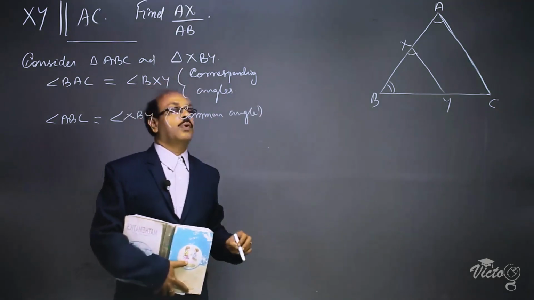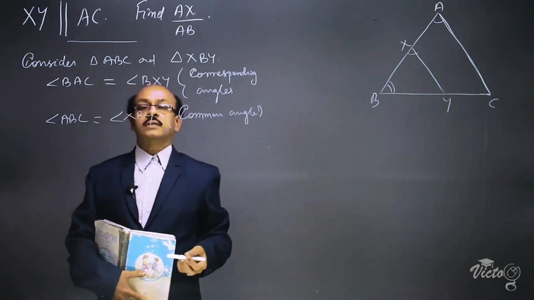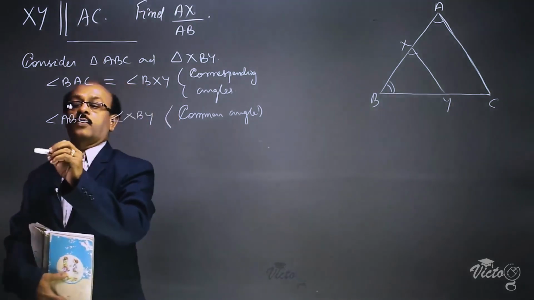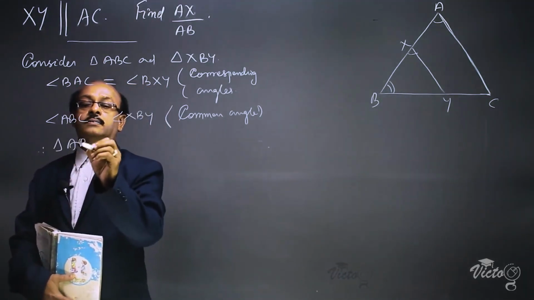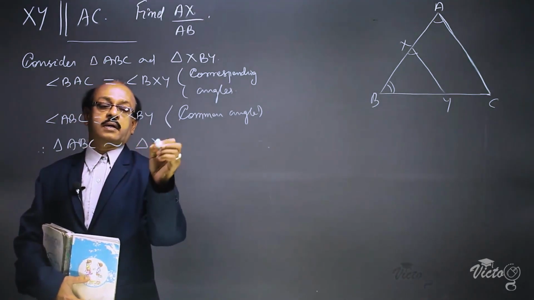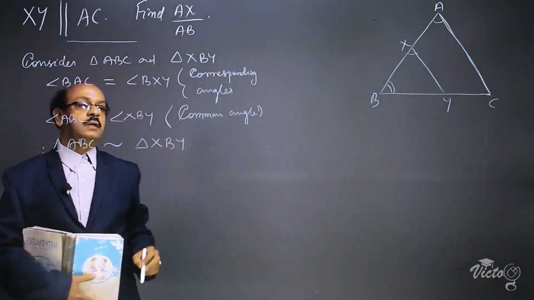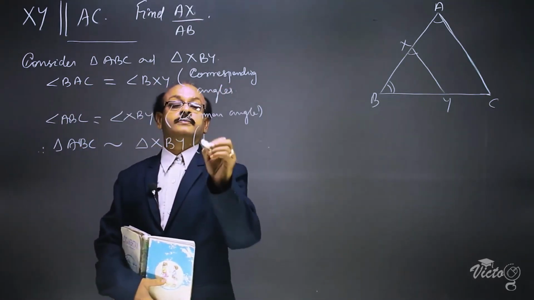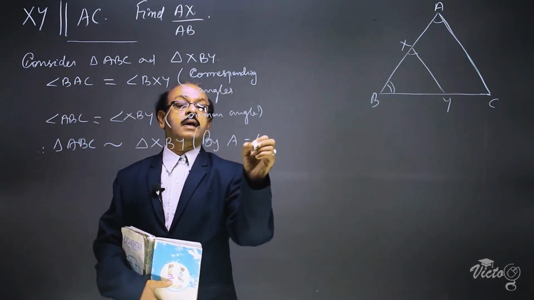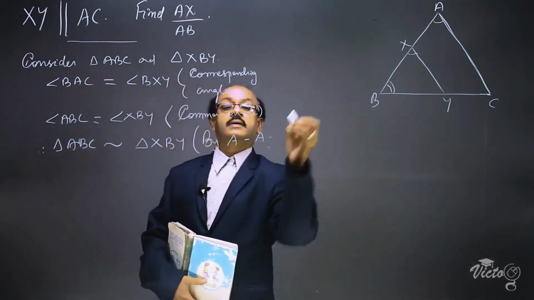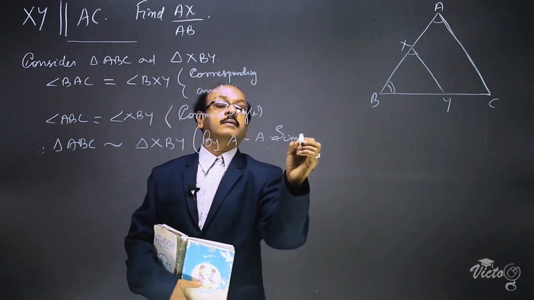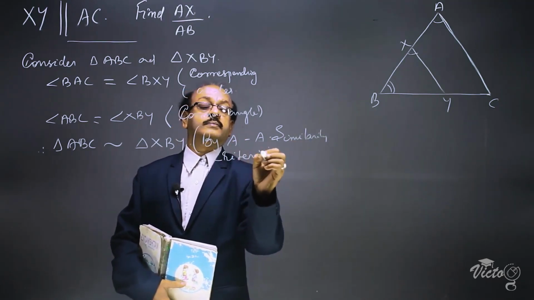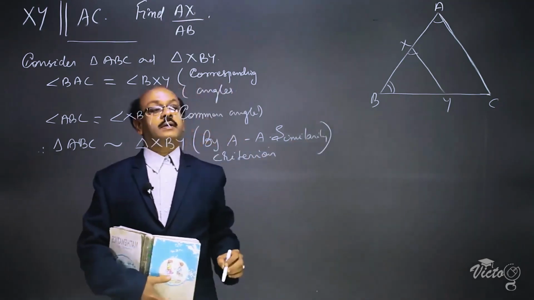This is enough for proving that these two triangles are similar. Triangle ABC is similar to triangle XBY by AA similarity criterion.